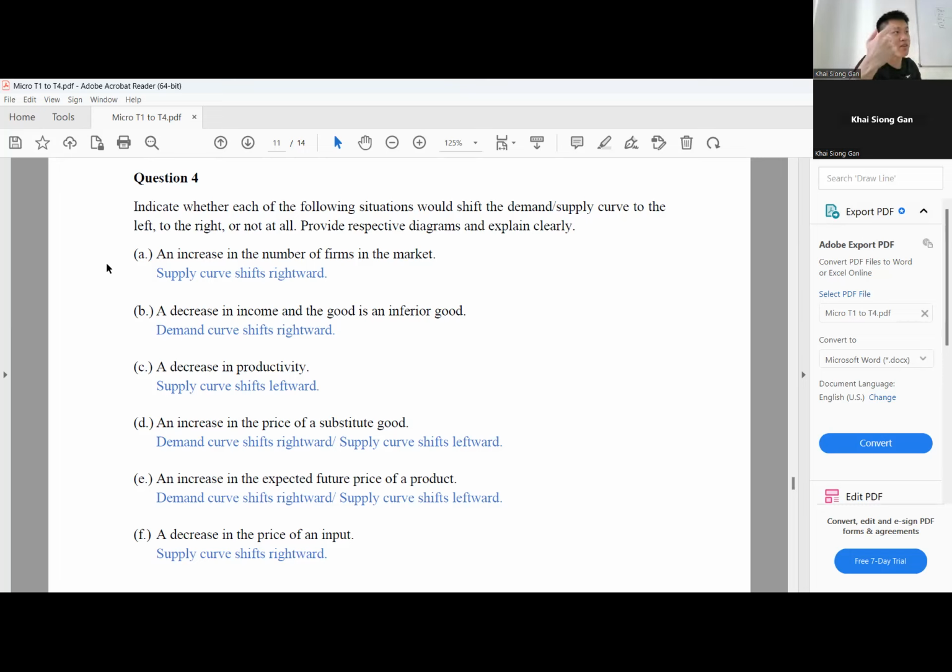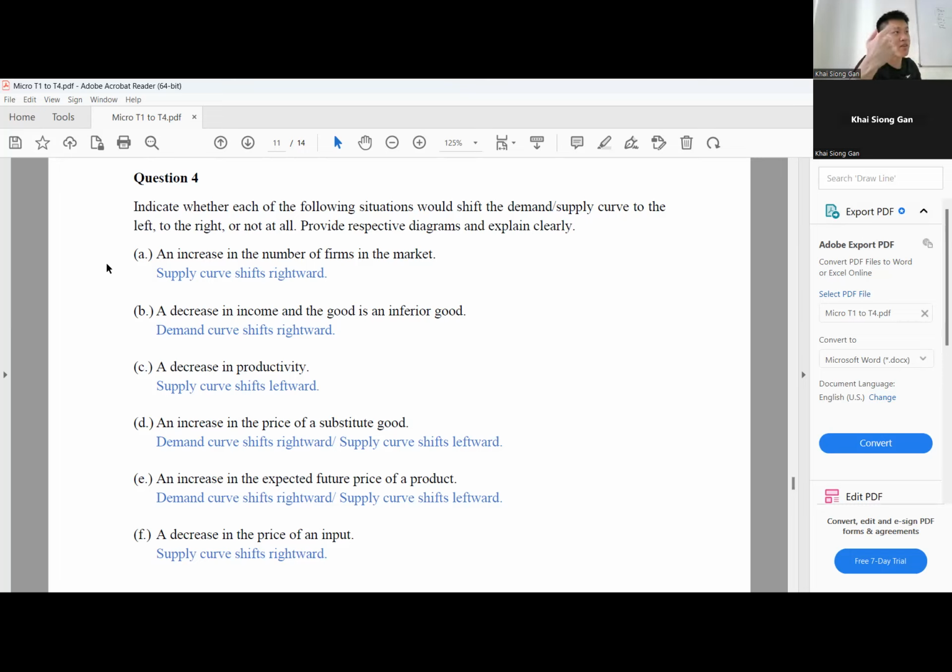Question number D, an increase in the price of a substitute goods. Okay, so again, this one we can do some annotations here. The question is an increase in the price of substitute goods.